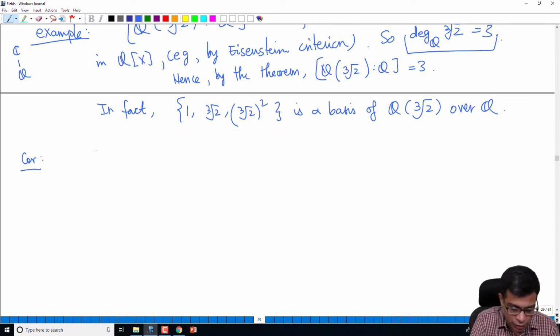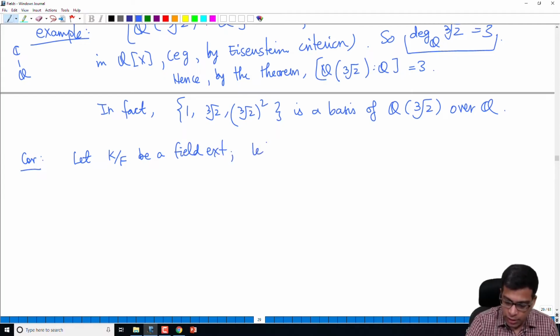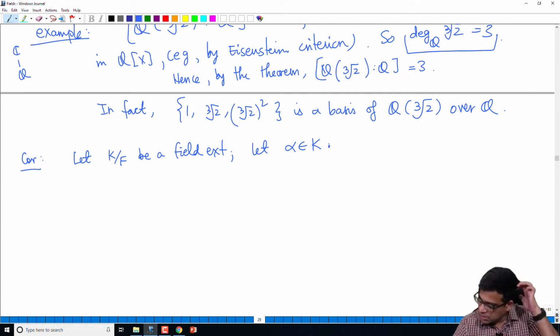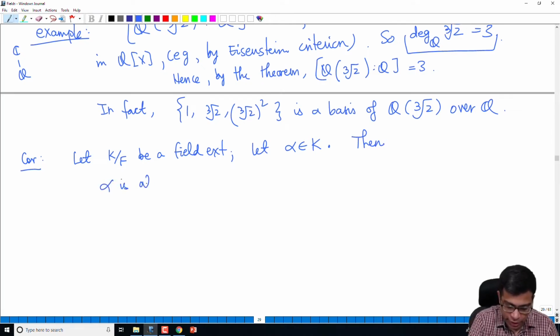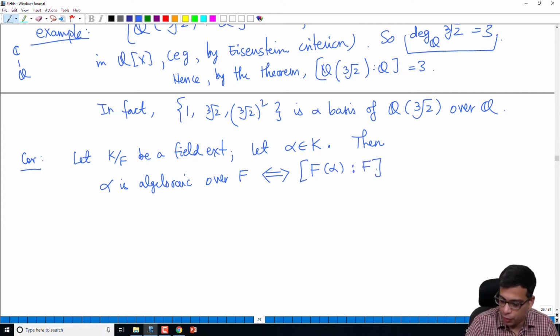What I will show is that, let K be a field extension over F, and let alpha be in K. Then alpha is algebraic over F if and only if the field extension F(alpha) over F has finite degree.